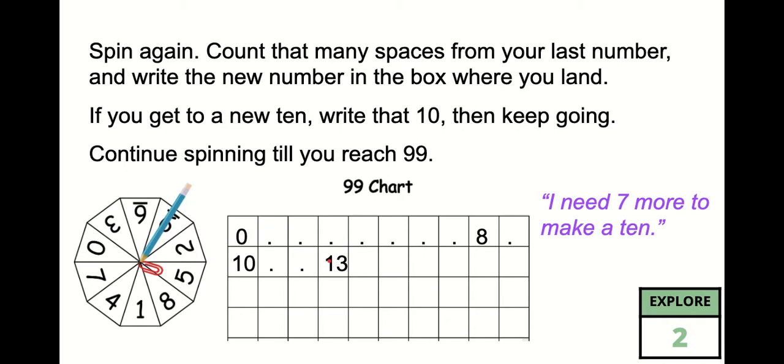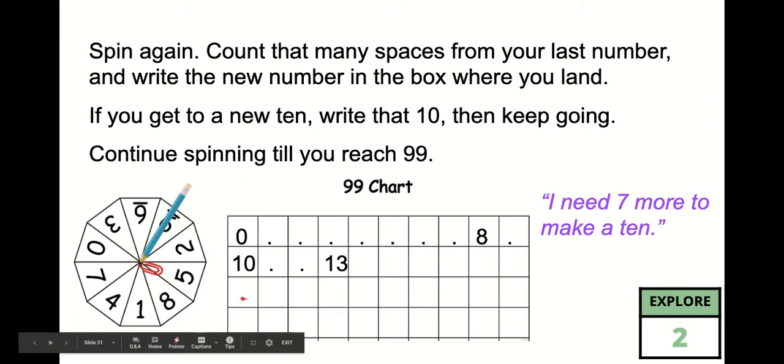So from 13, how many more do we need to make 10? Let's count. 13, 14, 15, 16, 17, 18, 19, 20. Now we can write 20 in the box.